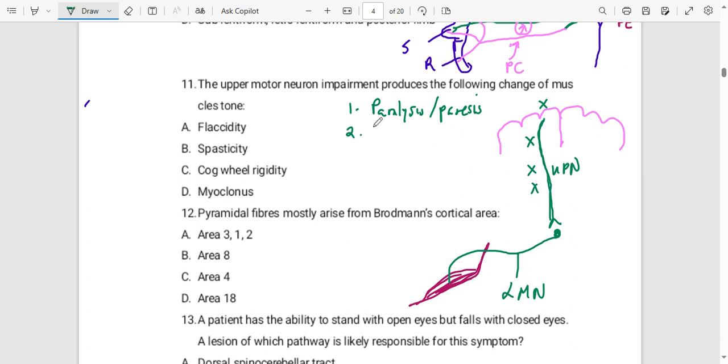Okay. Number two, there's going to be hypertonia when it is upper. Number three, there's going to be spasticity. Spasticity is a resistance to movement in a single direction. So when you are trying to move, let's say, your limbs or something, there is that resistance.